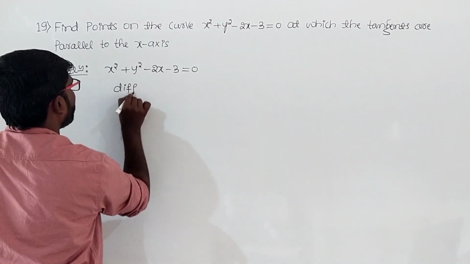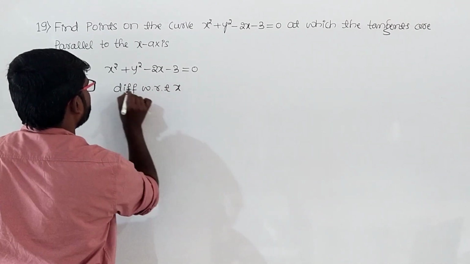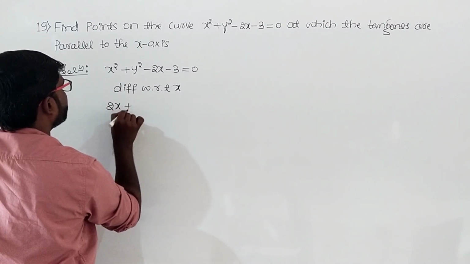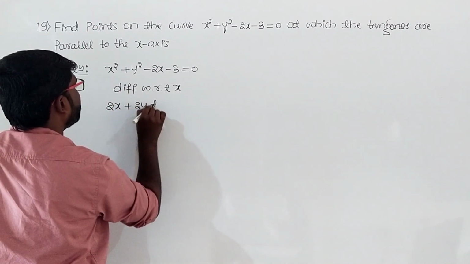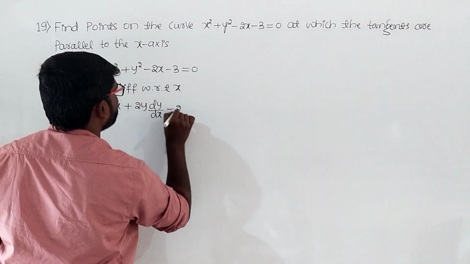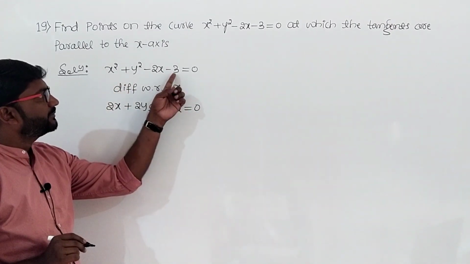Differentiate with respect to x. You get 2x plus 2y dy by dx, then minus 2 which is equal to 0. Derivative of this will be 0.